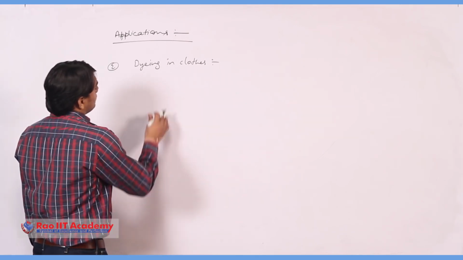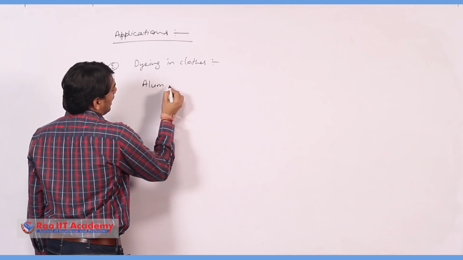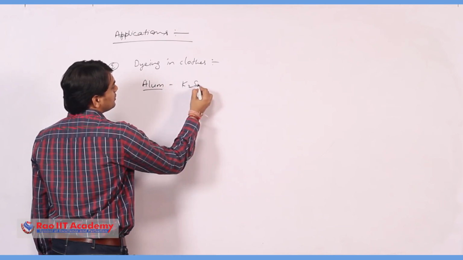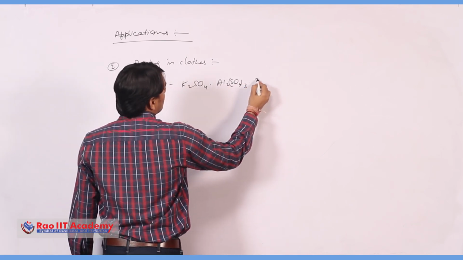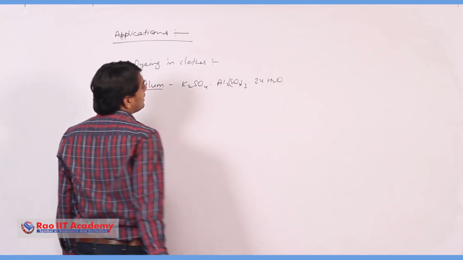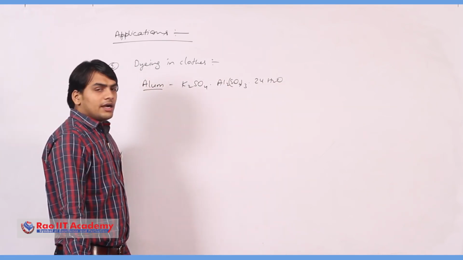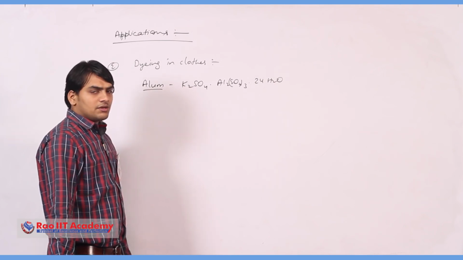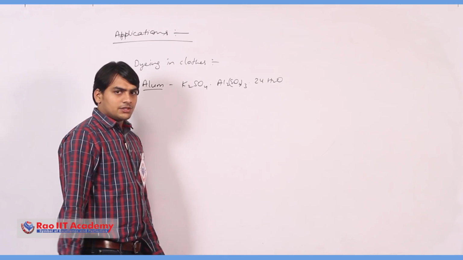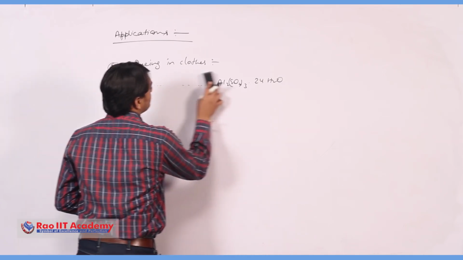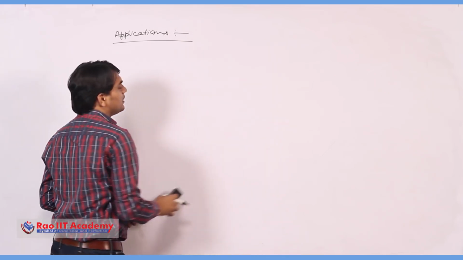So, we use a mordant, alum. Alum, we know, is K2SO4.Al2(SO4)3.24H2O. This alum acts as a mordant and gets adsorbed on the surface of cloth, which helps to make that color permanent. This is again an example of an application of the adsorption process on an industrial level.